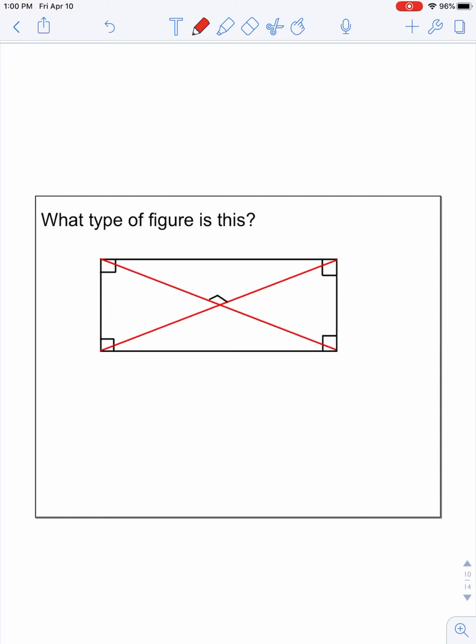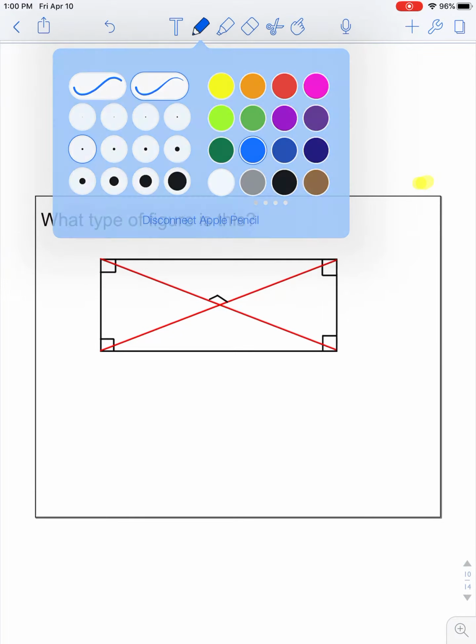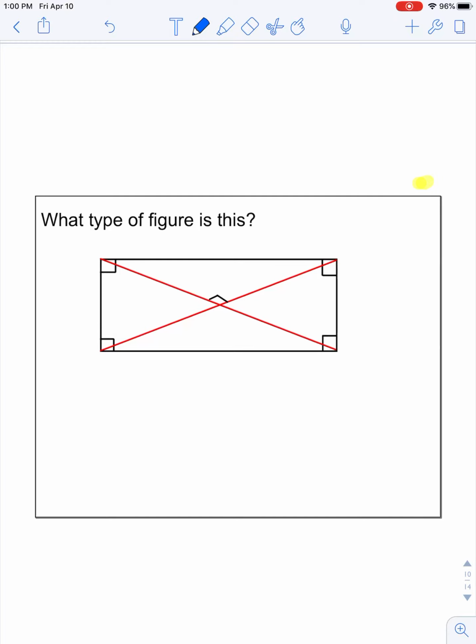Now, when we ask you a question like this, you can only use the given information. So when it says, what type of figure is this? We have to look at what we have. First of all, I like to double check and see, is it a parallelogram? I can see that opposite angles right here are congruent, so it is a parallelogram.